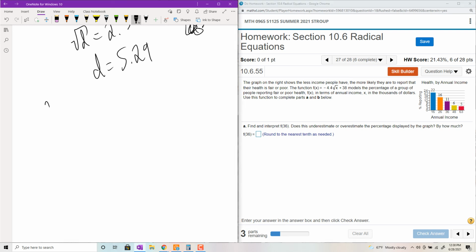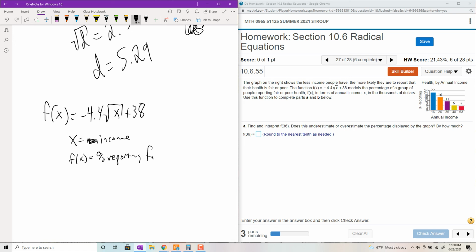The function f of x equals negative 4.4 square root x plus 38 models the percentage of a group of people reporting fair or poor health, f of x, in terms of annual income x. So x is income, and f of x is percent reporting fair or poor, and x is in thousands of dollars.